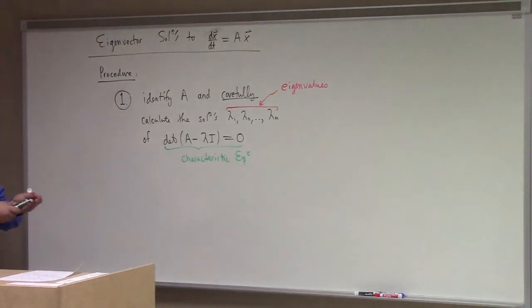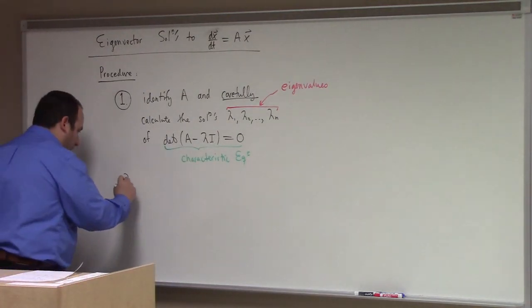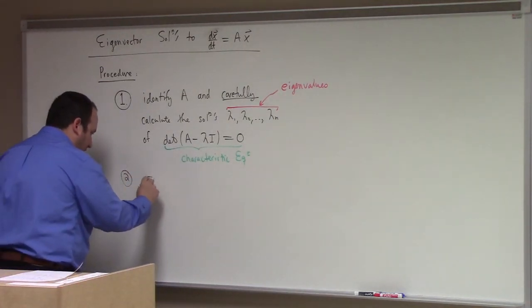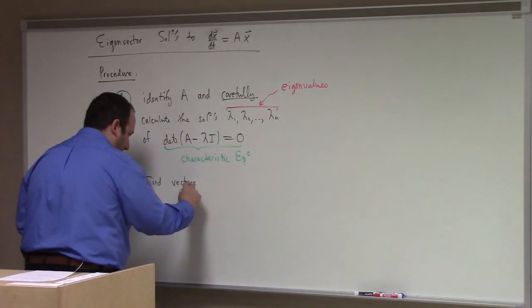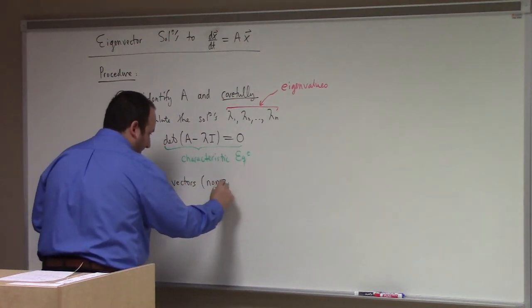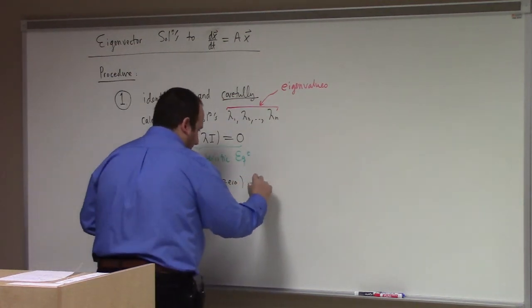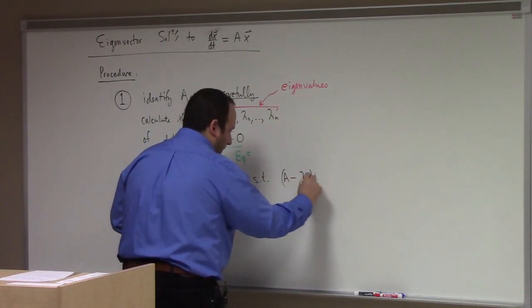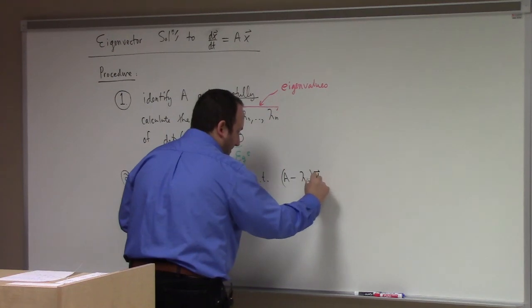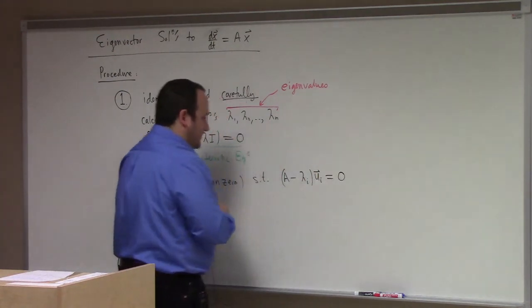Then step number 2 in our procedure was we find non-zero vectors such that A minus lambda I times u_i equals 0, right?